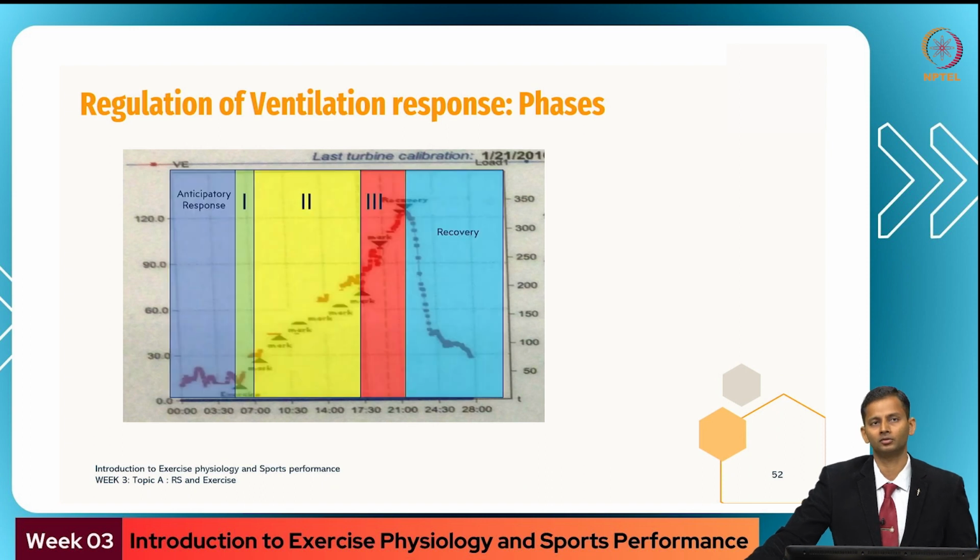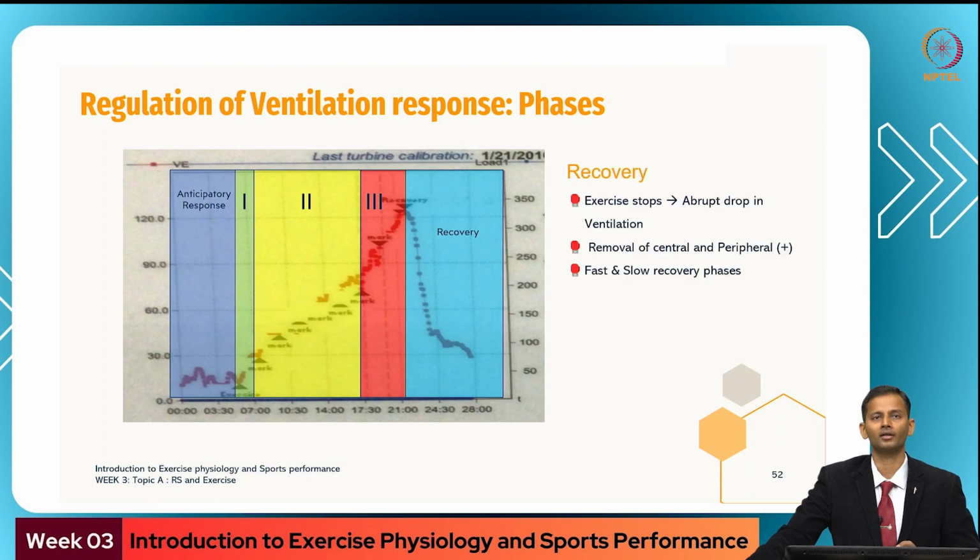Subsequently, when the exercise gets completed, the ventilation drops sharply during the recovery phase. The exercise stops and an abrupt drop in the ventilation is seen, and this is again controlled by the neural mechanism as well as the peripheral mechanism, wherein the stimulus to the ventilation is withdrawn.